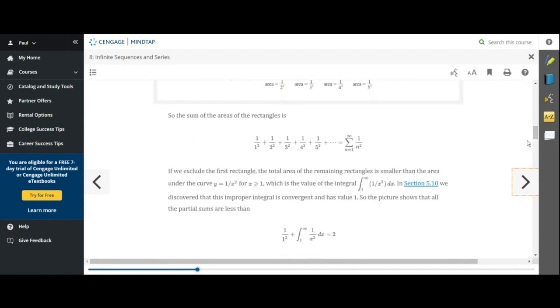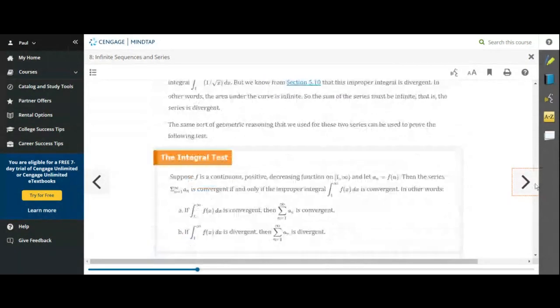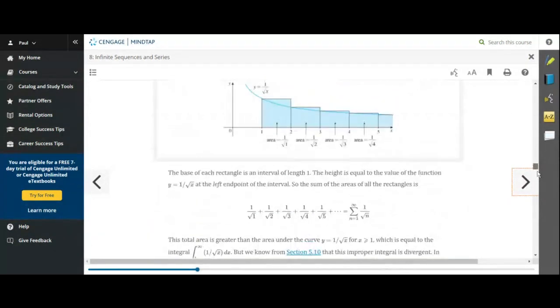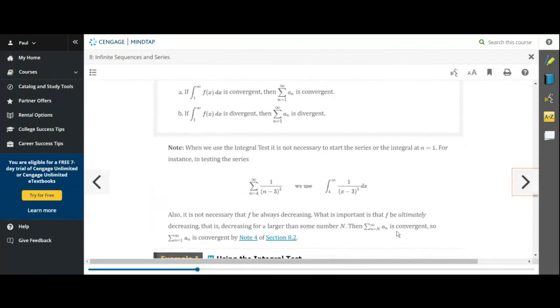So this is just to give you an intuitive idea of how we can relate the sum of a series to the area of an improper integral, and that's how we get the integral test. And by the way, with the integral test, you don't have to start at 1.